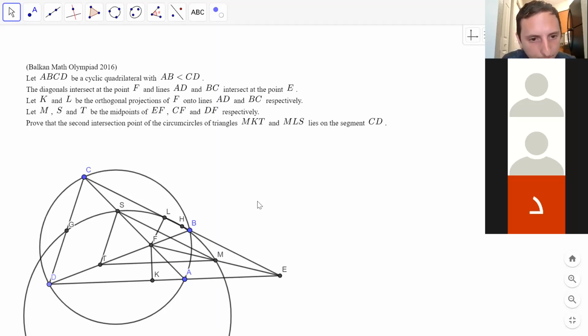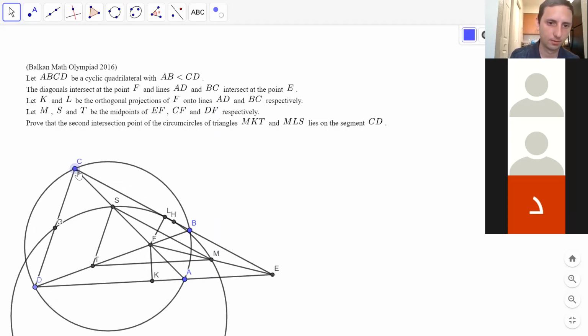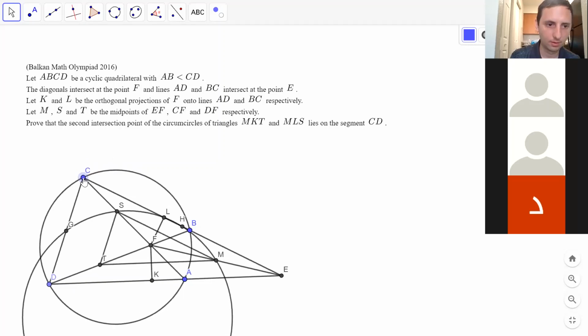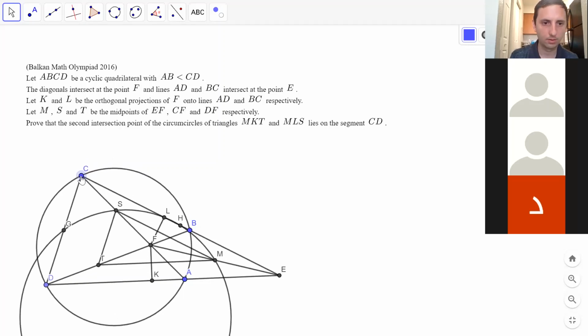Yeah, and GH is half of DE, right? Yes. And HM is half of CA. So the angle GHM is equal to CAE. Yeah. So GHM is CAE.